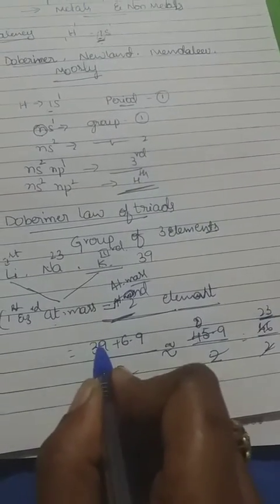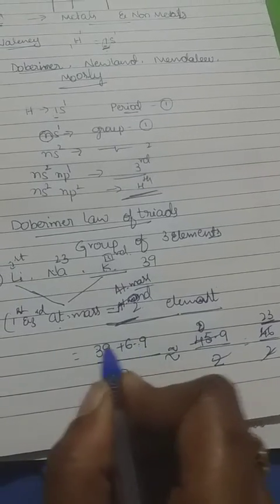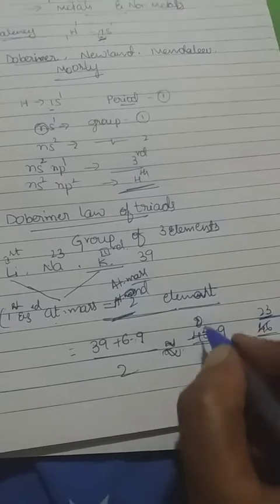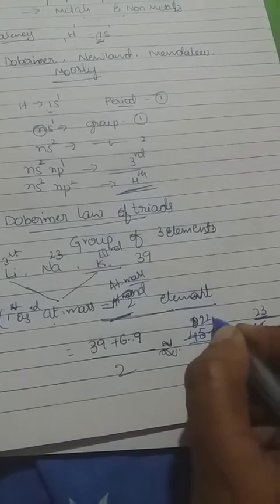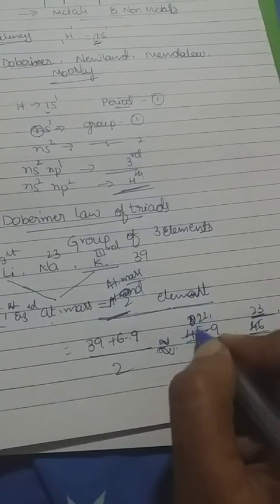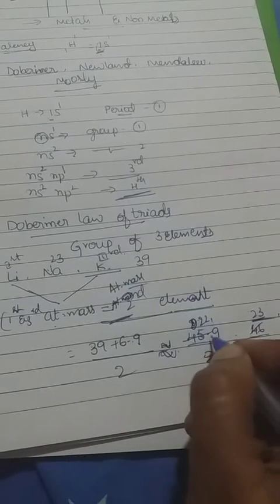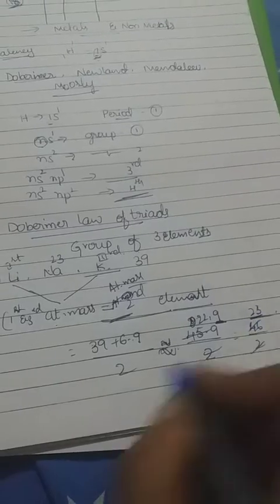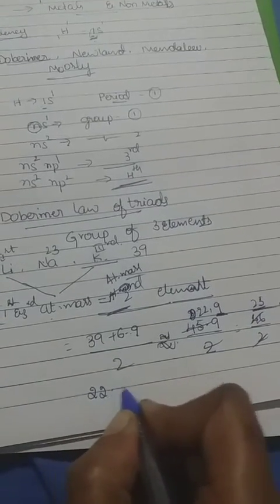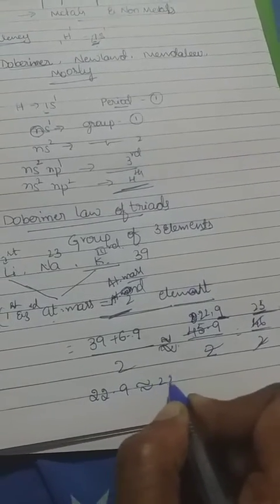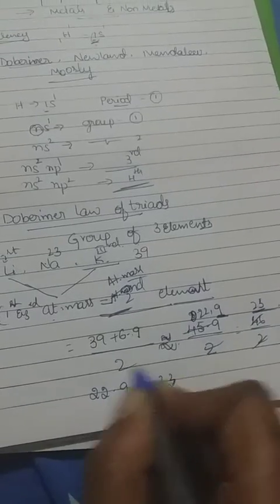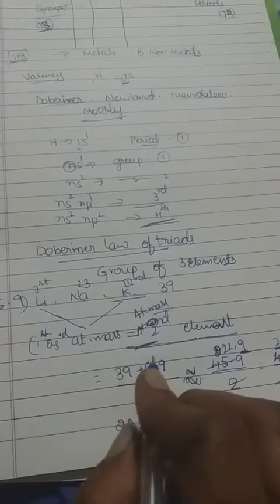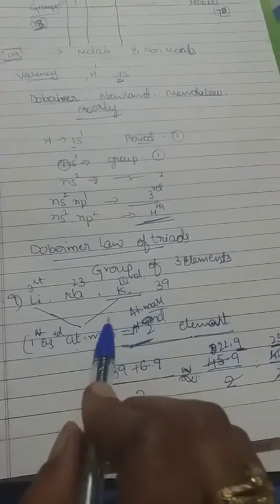The average atomic mass of the first and the third element, 22.9, is approximately equal to the atomic mass of the second element, 23. Approximately means almost nearby. So this is called the Dobereiner law of triads.